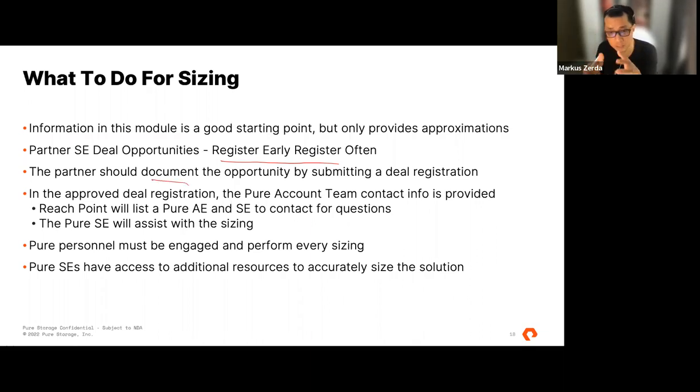You give the SE all of the information, and then the SE will be able to size it accurately. Once the deal reg is approved, the assigned SE will be able to give you a detailed sizing for your FlashBlade. Again, Pure SEs have access to more internal sizing software, which is not available for our partners yet.